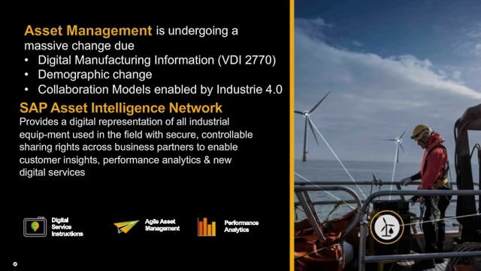SAP Asset Intelligence Network provides a digital representation of all industrial equipment used in the field with secure, controllable sharing rights across business partners to enable customer insights, performance analytics, and new digital services.